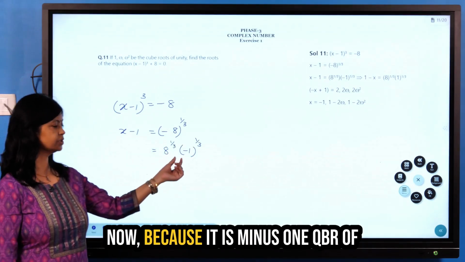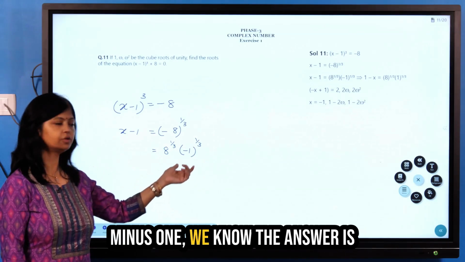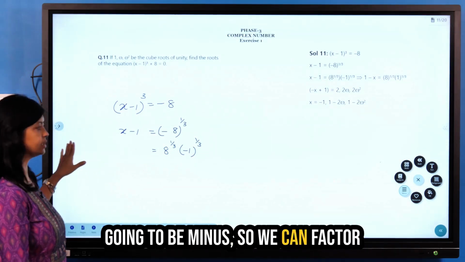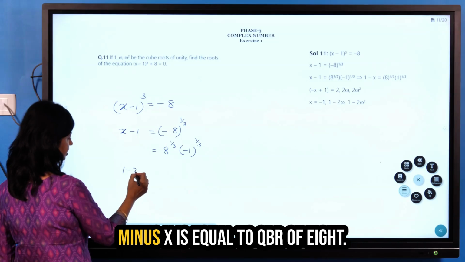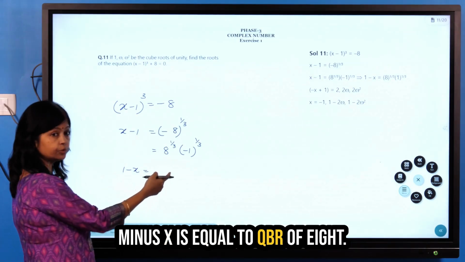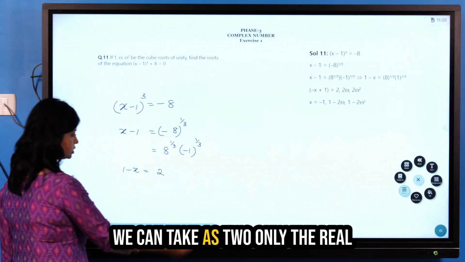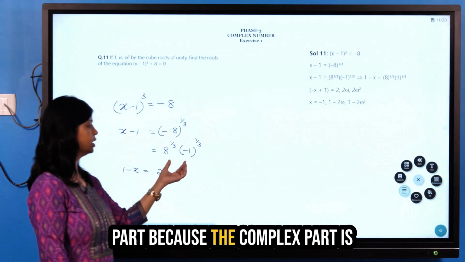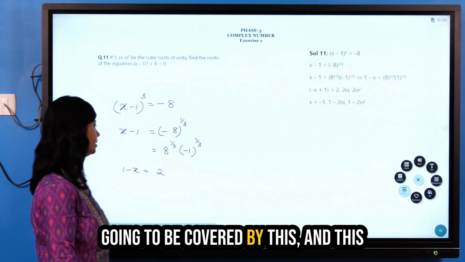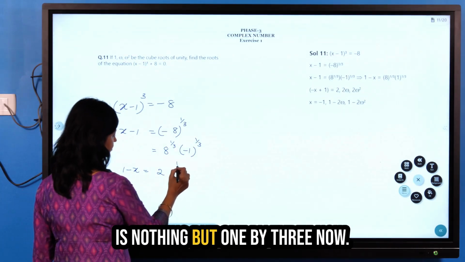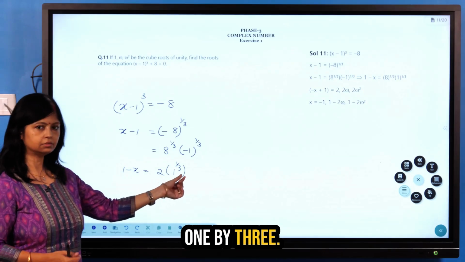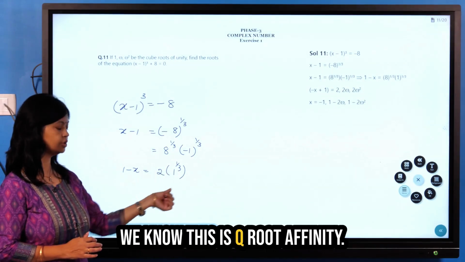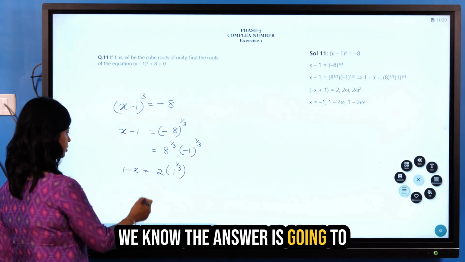Because it is cube root of minus 1, we know the answer is going to be minus 1, so we can factor that minus out and it becomes 1 minus x is equal to cube root of 8. We can take as 2, only the real part, because the complex part is going to be covered by this, and this is nothing but 1 to the power 1 by 3. Now, 1 to the power 1 by 3, we know this is cube root of unity.